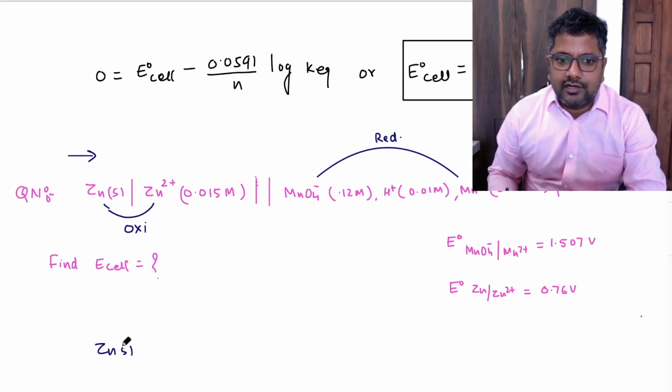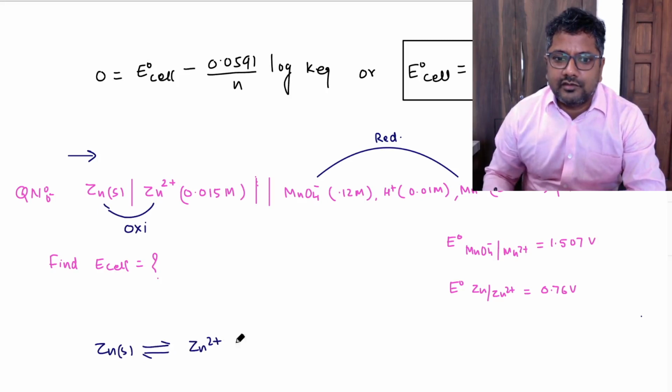Zn solid gives Zn2+, and here the concentration is given, no problem, don't write 2 electrons. So this is oxidation.